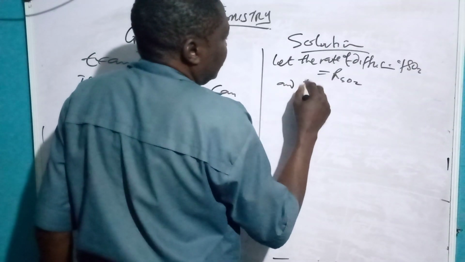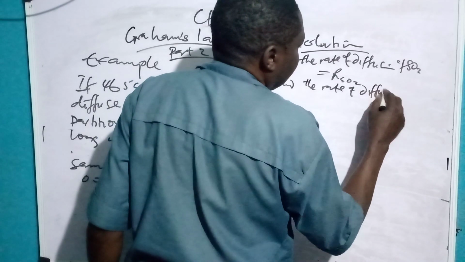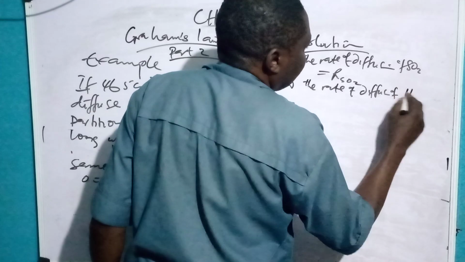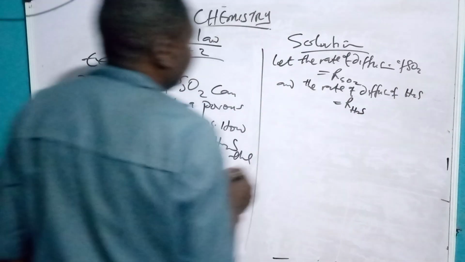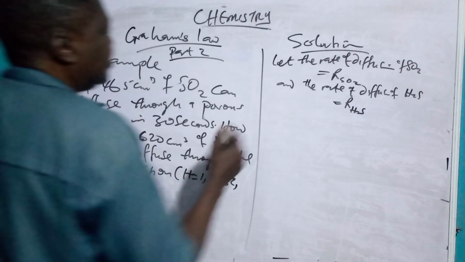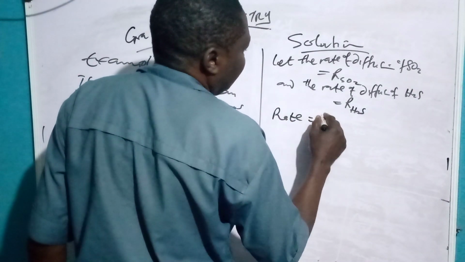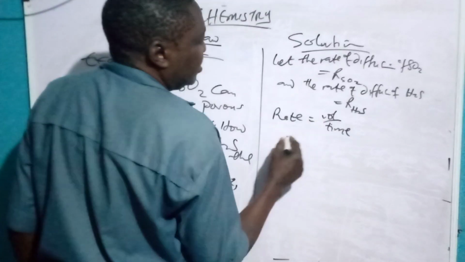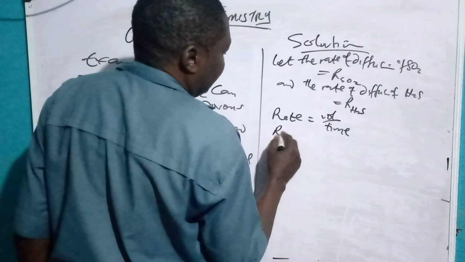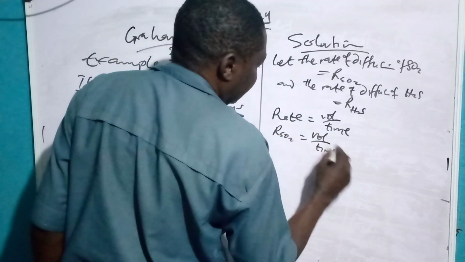And the rate of diffusion of H2S equals R_H2S. But we know that rate equals volume over time, just like we did in the other class. So R_SO2 equals volume over time.